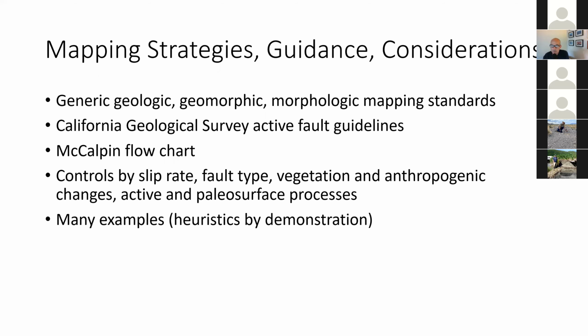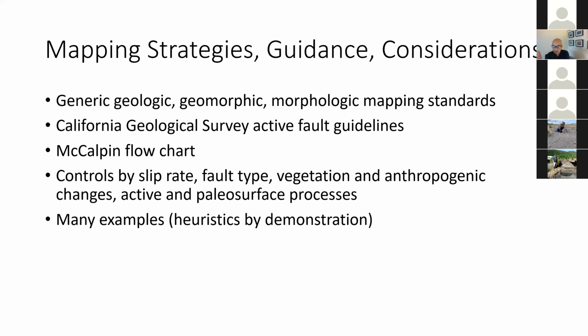But this is just a summary of mapping strategies, guidance, and considerations. We have these generic standards for mapping that we all know of and are used to. There's some information that was provided to us by Tim when he talked. There's a McAlpin flow chart, because there's not really a textbook for this, and that's a little bit of our challenge, right?